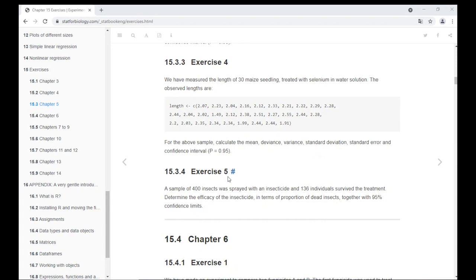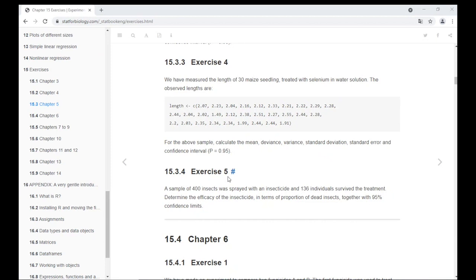So we cannot play with means or standard deviations here, because we simply can't. We can only count the subjects who survived the treatment and the subjects who died. It is just a count.